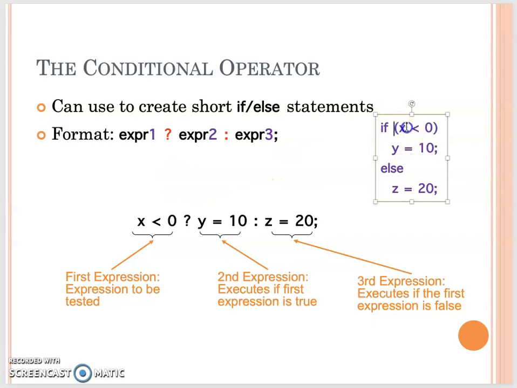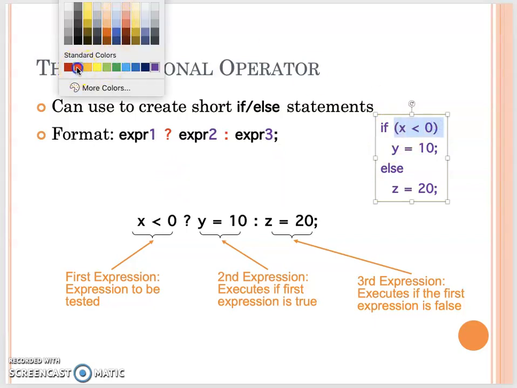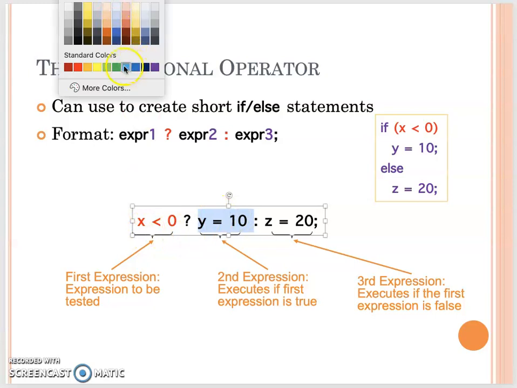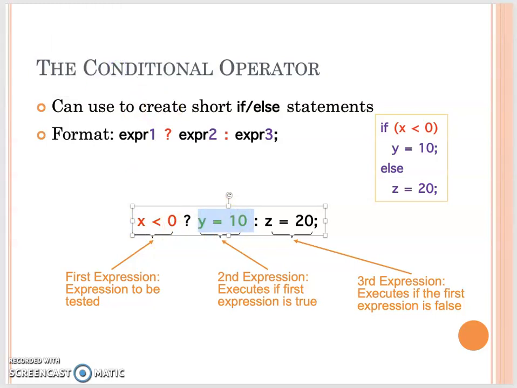You can see here the condition we will put before the question mark. Then you see the second argument, that's for when the condition is true. I put it in a different color. If this condition is true, then we do this one.